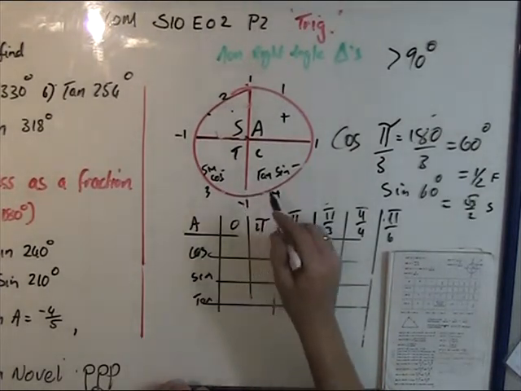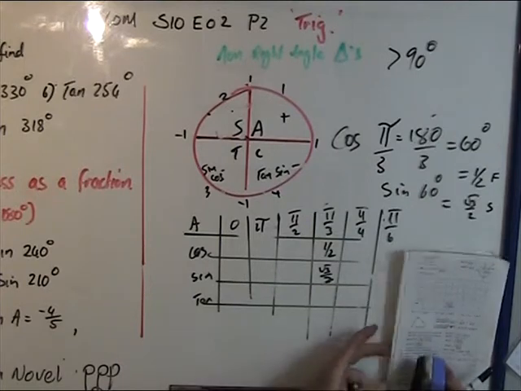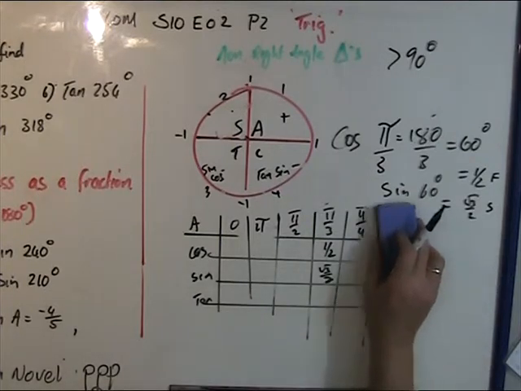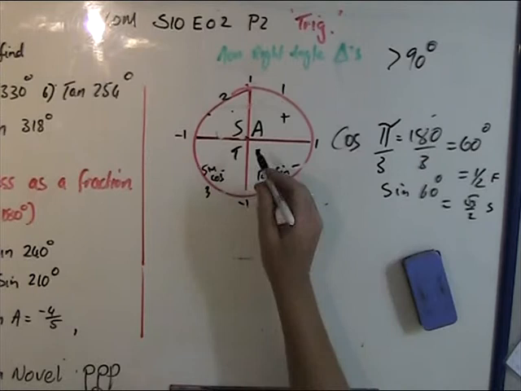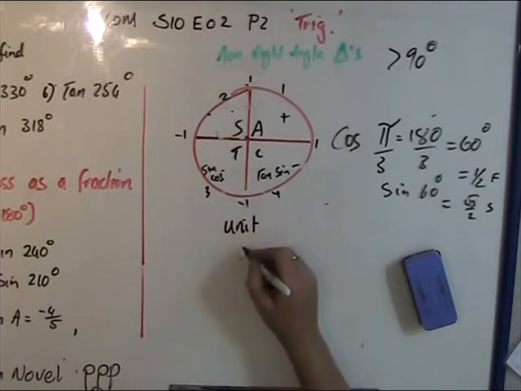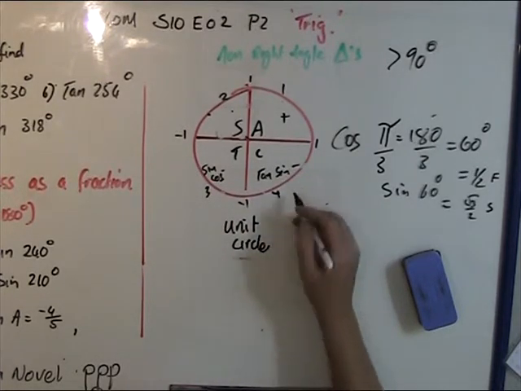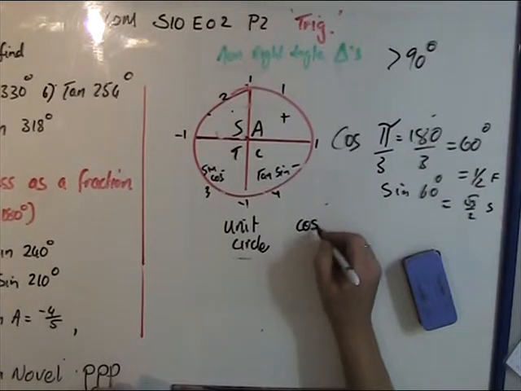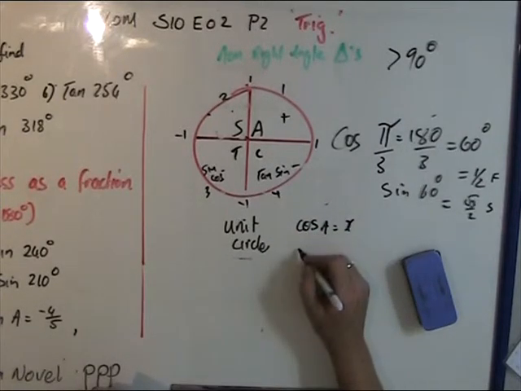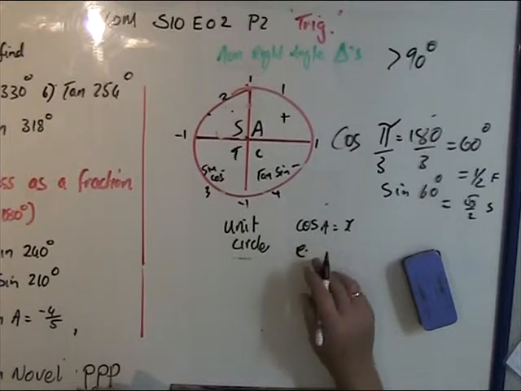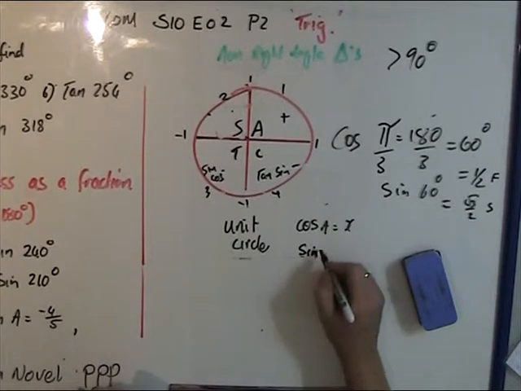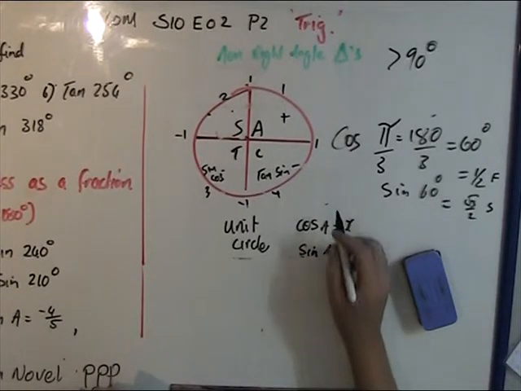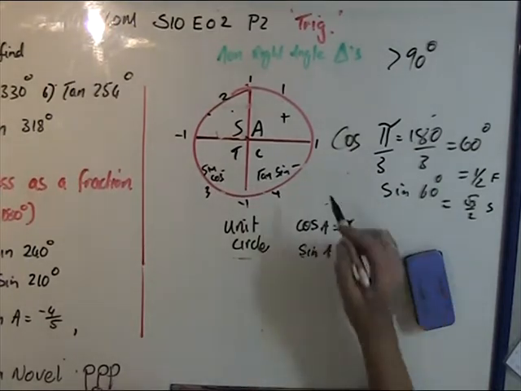Now remember, when you're looking at angles greater than 90 degrees, you have to use the unit circle. And this is the unit circle. If you look at it long enough, you will be able to find out. Cos of the angle A is equal to x, and sine of the angle A is equal to y. So this is an x, y coordinate.